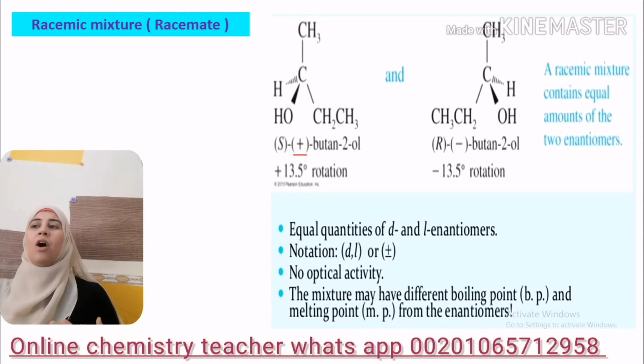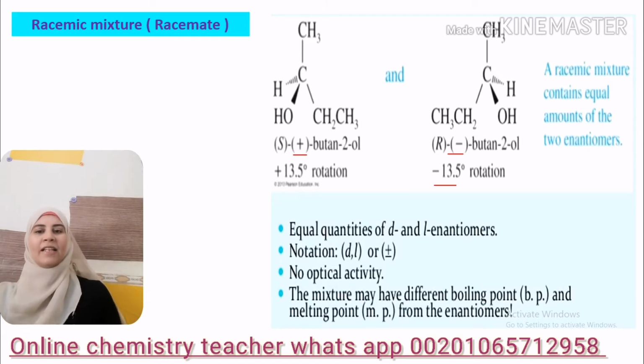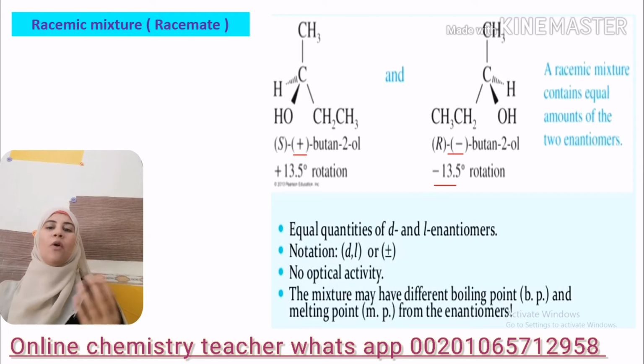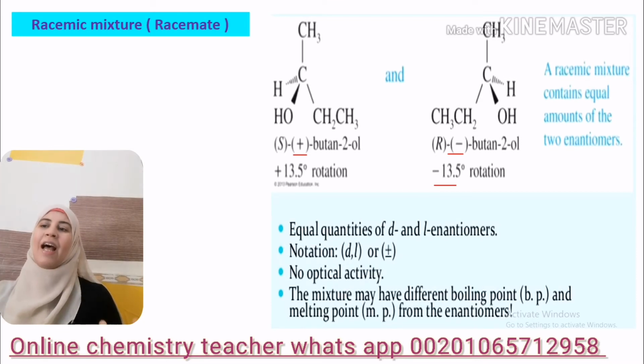It is negative, so it will rotate the polarized light by minus 13.5. So we have equal quantities of dextrorotatory and levorotatory, equal quantities of D and L, positive and negative. Of course, as a mixture, we will have an optically inactive compound. We will have a racemic mixture.